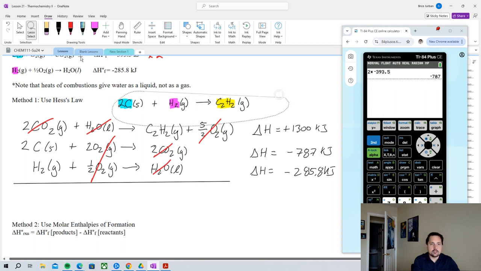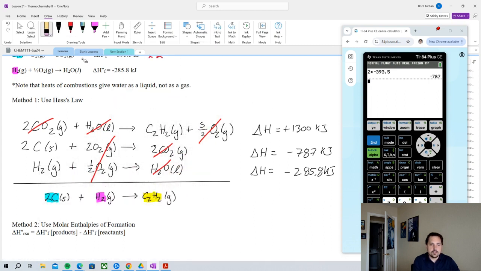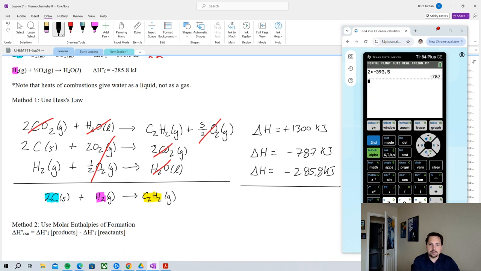And then we end up getting this overall reaction that we were targeting. So all we need to do at this point is add these enthalpies of formation together, and what we'll get is exactly what we were hoping for. 5.8. So that comes out to be 227.2.